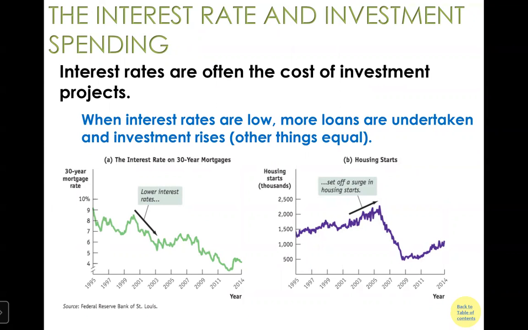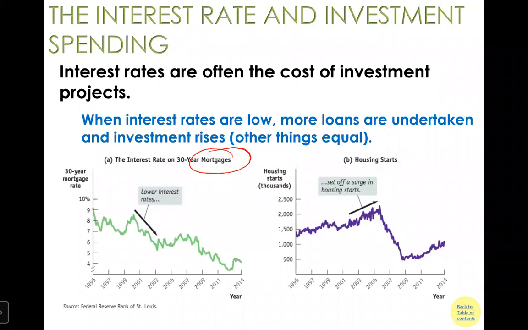Let's just think about housing, or the purchase of a house. The purchase of a house is an investment because the house usually lasts for many years. The cost of investing in a house is usually reflected by the interest rate, which is like a mortgage rate.